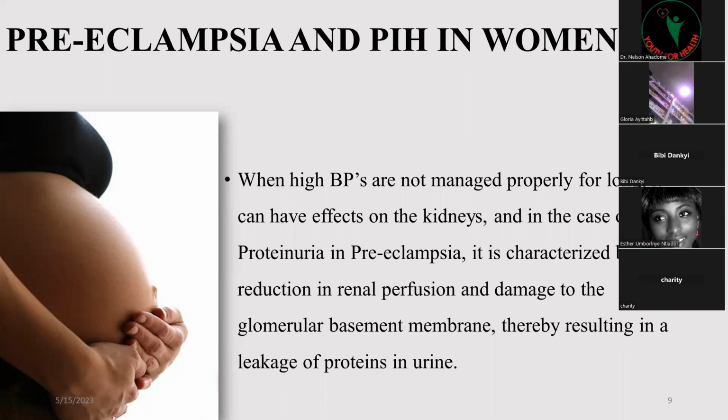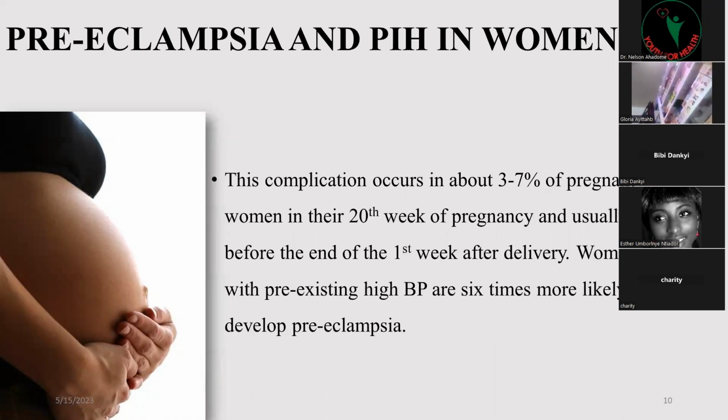So, in short, scientifically, this is easy to understand. Damage to any membrane will result in leakage. So when there is damage and a problem in the kidney, there can be leakage of proteins into the urine. This means that preeclampsia is resulting, okay, and it can be managed.